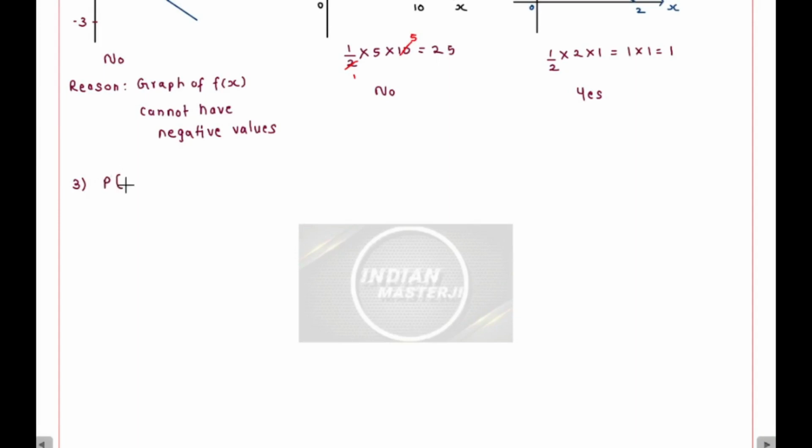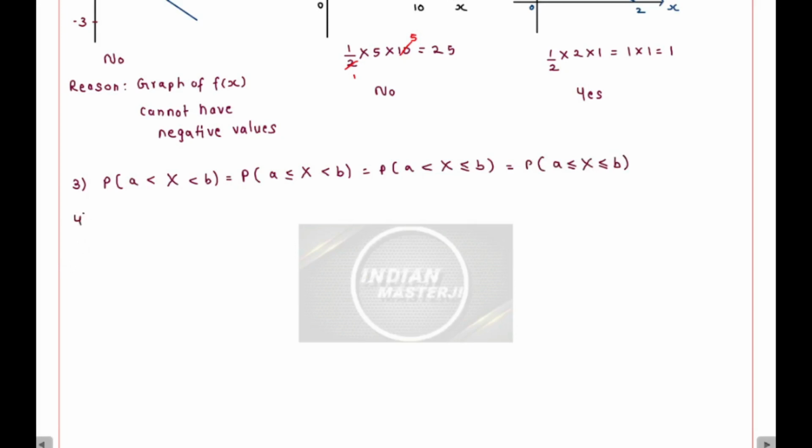That's the reason the probability of x greater than a and less than b is equal to the probability of x greater than or equal to a and less than b, is equal to the probability of x greater than a and less than or equal to b, is equal to the probability of x greater than or equal to a and less than or equal to b. All these probability values are the same.